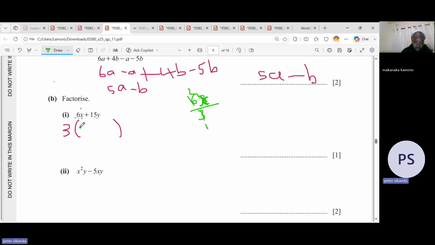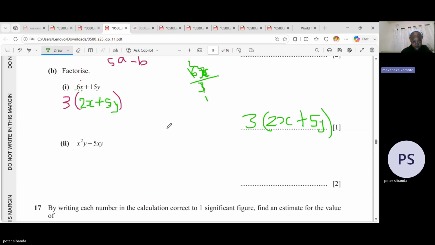So you have your 2x in the brackets. Then we have a plus sign. Then 3 into 15y gives us 5y. And factorization is done. So you write 3, open bracket, 2x plus 5y. That's it.